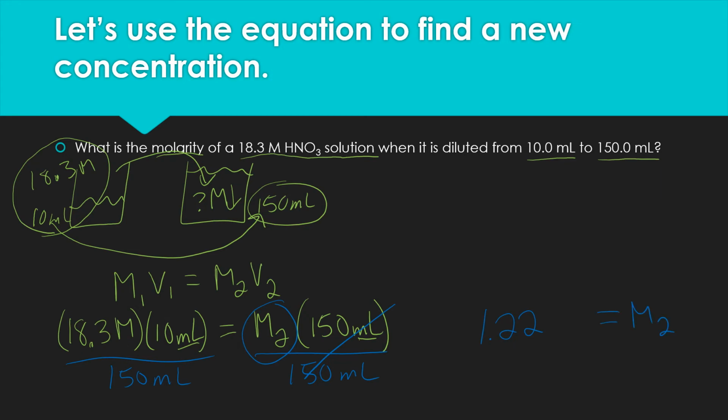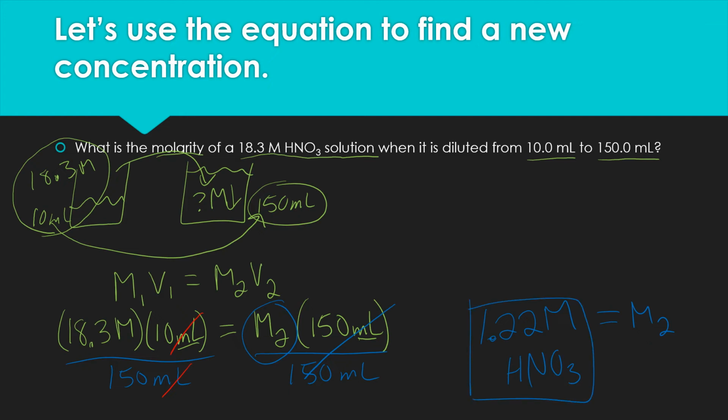And let's look at the units. So we've got milliliters and milliliters that cancel. We're left with a molarity. So 1.22 molar. Our chemical doesn't change, so this would be HNO3. And that would be our answer.